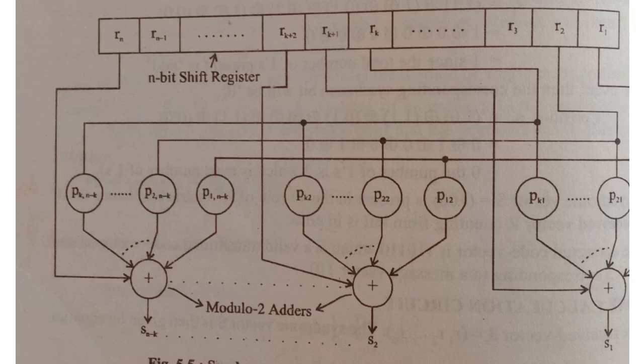Next, to draw the syndrome calculation circuit, we have an n-bit shift register filled with R1, R2 up to Rn, and based on the equations you connect it to modulo 2 adders and get the respective outputs S1, S2 up to S(n minus k) of your syndrome calculation circuit.